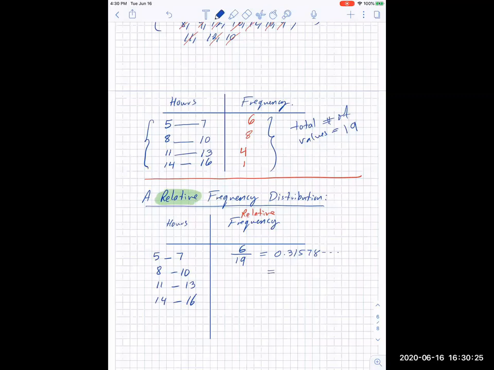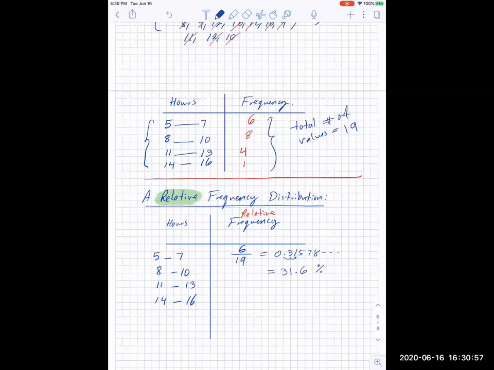Remember, we talked about the percent form yesterday. I move the decimal point 2 places to the right, and then round to the nearest tenth. So 31.57 becomes 31.6%. 31.6% of the data values are within the first class.